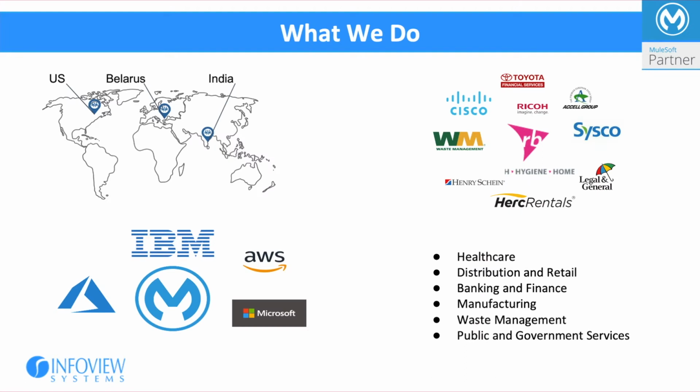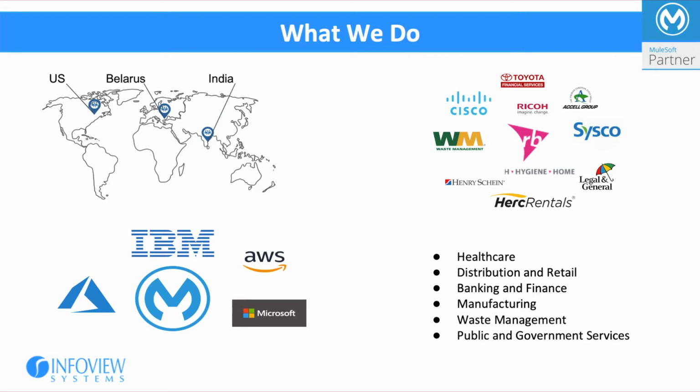Here is a quick snapshot of the clients, partners, and industries across locations which Infoview services right now. You can see that we are present in America, Europe, the Middle East, and India.